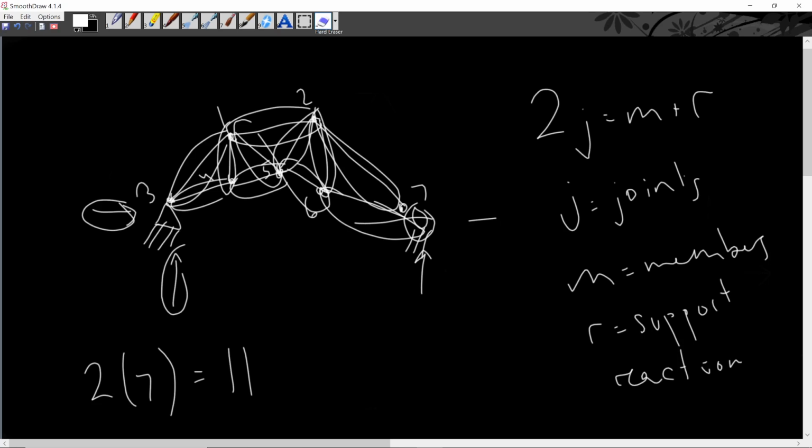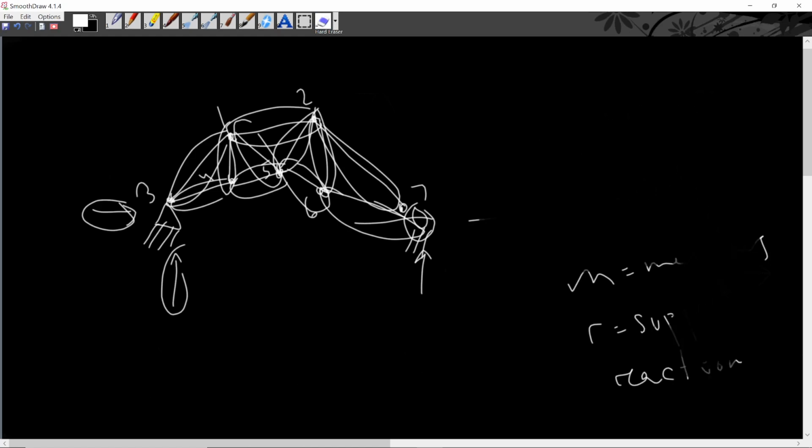So we have 3 forces, or 3 support reactions, which means that we have 2 times 7 equals 11 plus 3, which means we have 14 equals 14, which means that truss will be statically determinate, which means that we can actually calculate the forces acting on this truss with the force formulas that we were given.